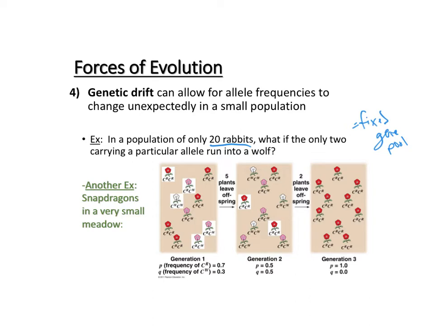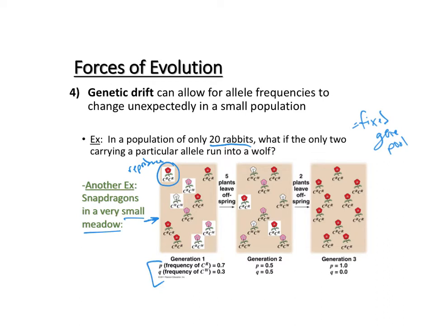Now, here's a little example from our textbook where we have this small meadow with just a handful of snapdragon flowers, right? So we've got our reds and our whites and our pinks. What these white boxes are indicating are the ones that successfully reproduce. In our first generation, notice they break this down.